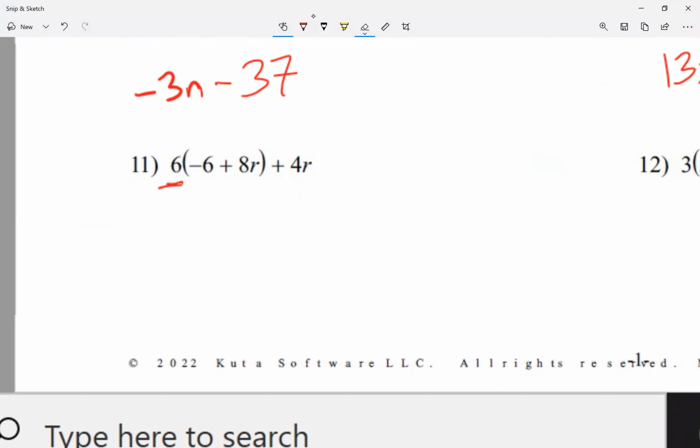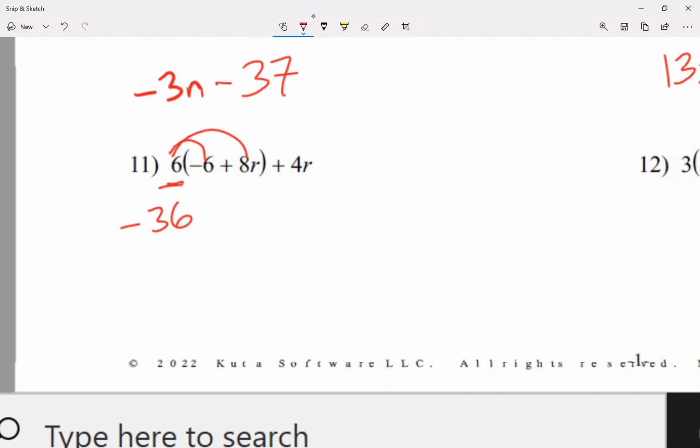So it's not that term. It is the 6. I'm gonna go 6 times a negative 6 and 6 times 8r. I know 6 times a negative 6 is a negative 36. Right? I know 6 times 6 is 36, but positive times a negative. In multiplication, when the signs are different, my result is negative. So that gives me a negative 36.